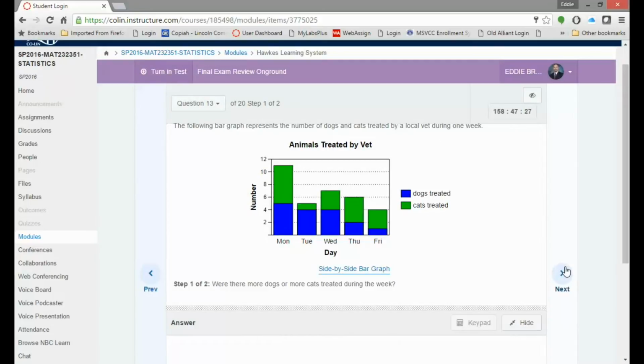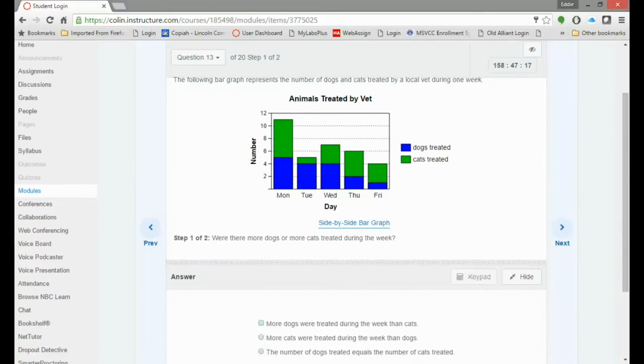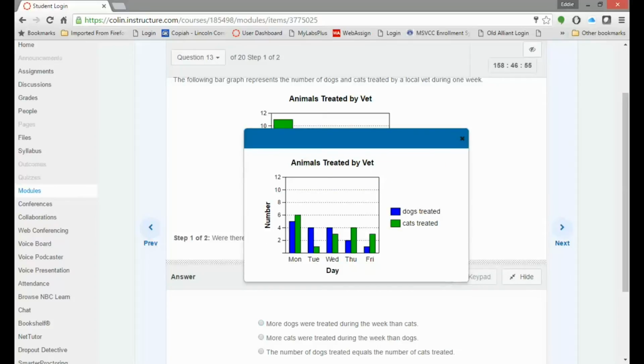The following bar graph represents the number of dogs and cats treated by a local vet during 1 week. Were there more dogs or cats treated during the week? It appears cats, right? Look at this side-by-side bar graph.